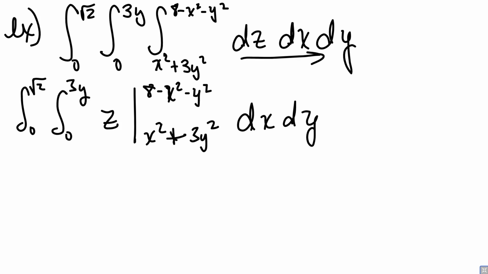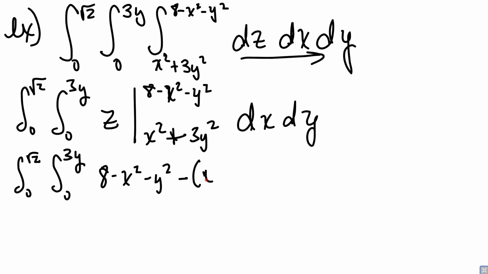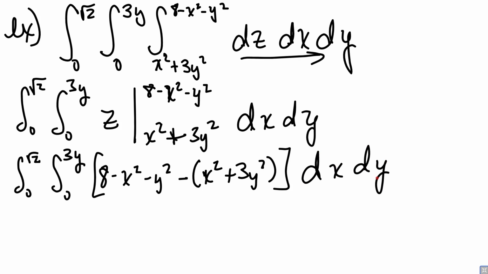So if we evaluate this, we're going to have the integral from 0 to the square root of 2, integral from 0 to 3y. So we're going to end up with 8 minus x squared minus y squared minus x squared plus 3y squared dx dy.